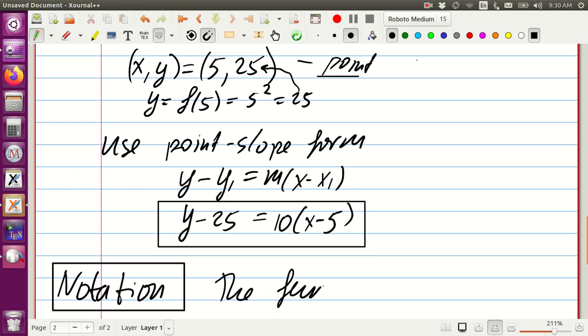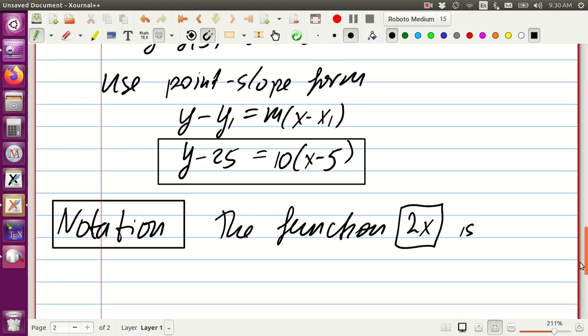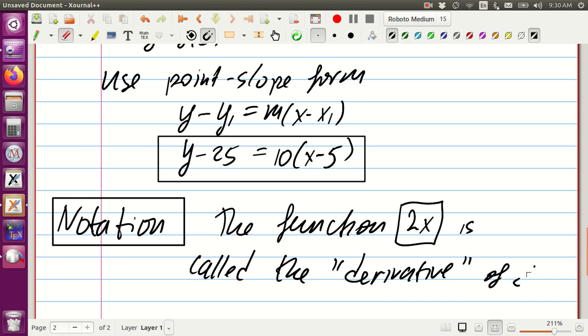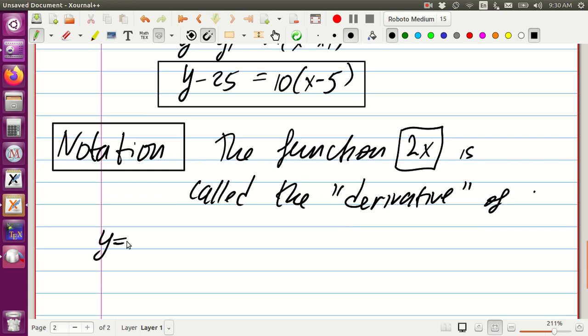The function 2x that we found is called the derivative of y equals f of x equals x squared.